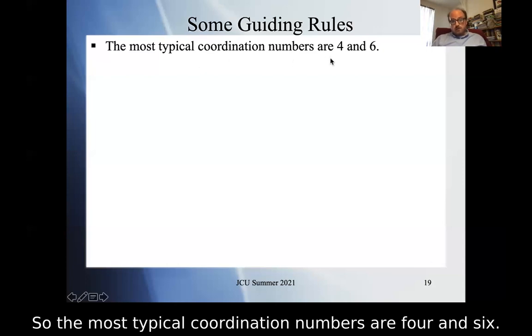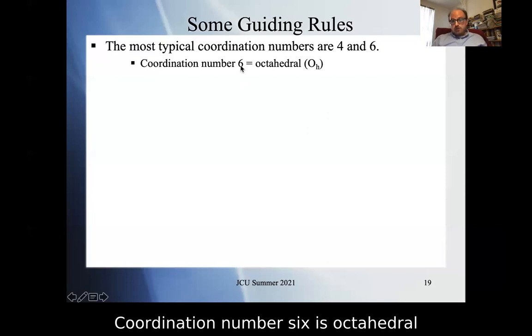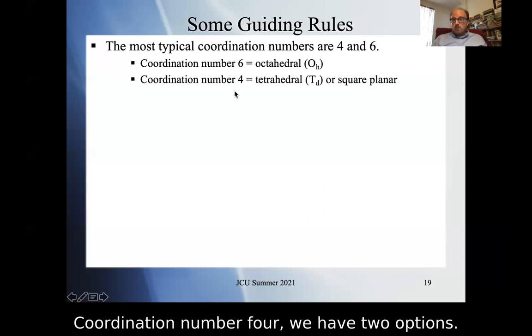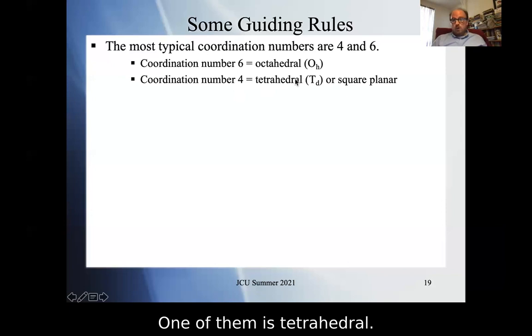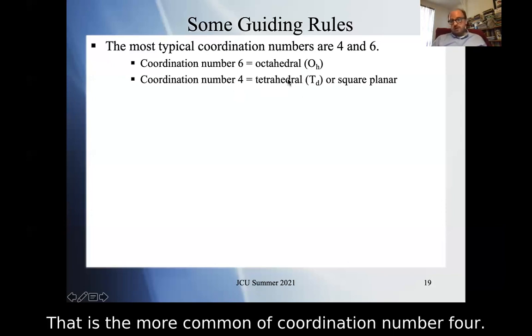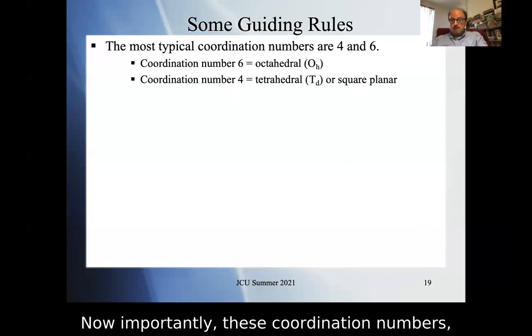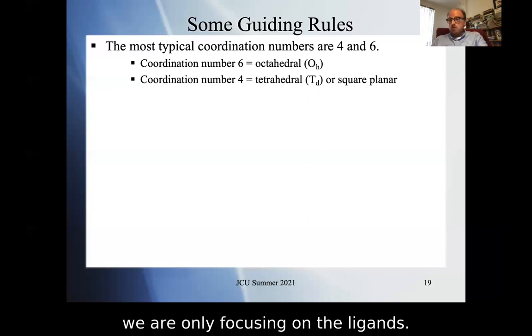Now, this part is true. The most typical coordination numbers are 4 and 6. Coordination number 6 is octahedral, as we've already seen, since that's what we used for the crystal field derivation. Coordination number 4, we have two options. One of them is tetrahedral. That is the more common of coordination number 4, but we also have square planar geometry. Importantly, for these coordination numbers, we are only focusing on the ligands.